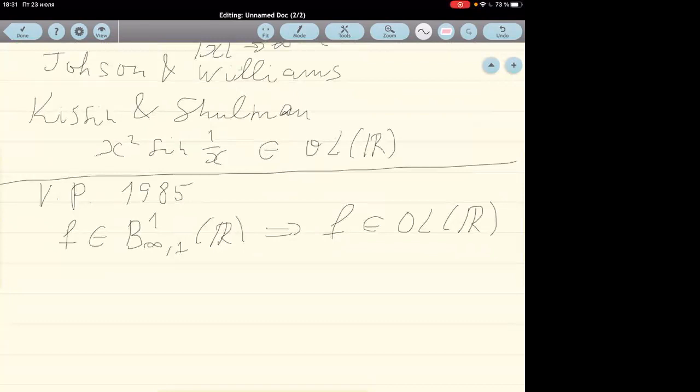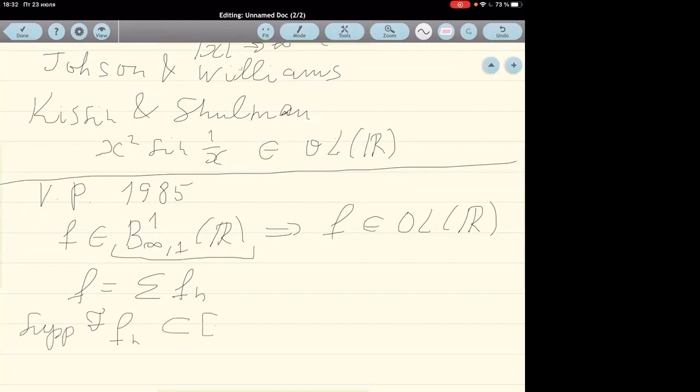And let me say a few words about what we mean by this Besov space. This means that f can be represented, and this condition is slightly stronger than Lipschitzness, in the form of a sum of fn, where the function fn has Fourier transform supported, say, in minus 2 to the n, 2 to the n, and the sum of the Lipschitz norms of the functions fn is finite.